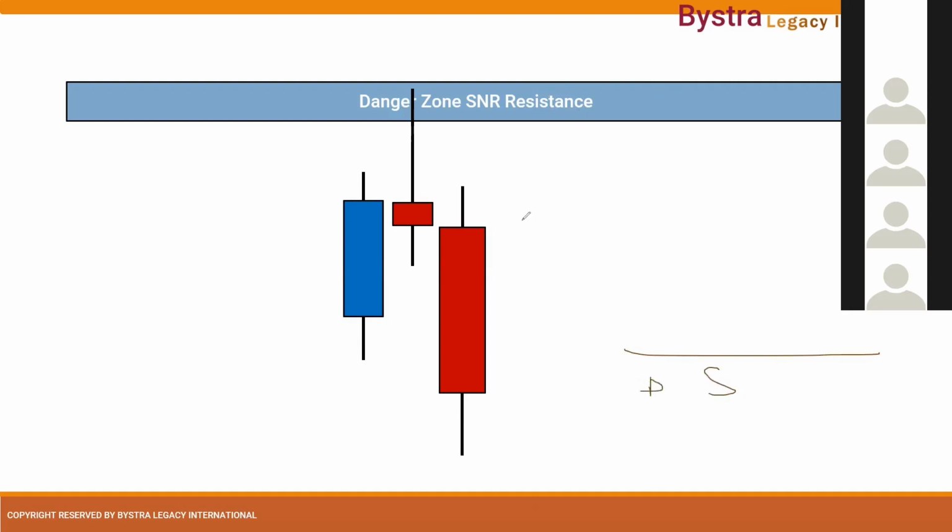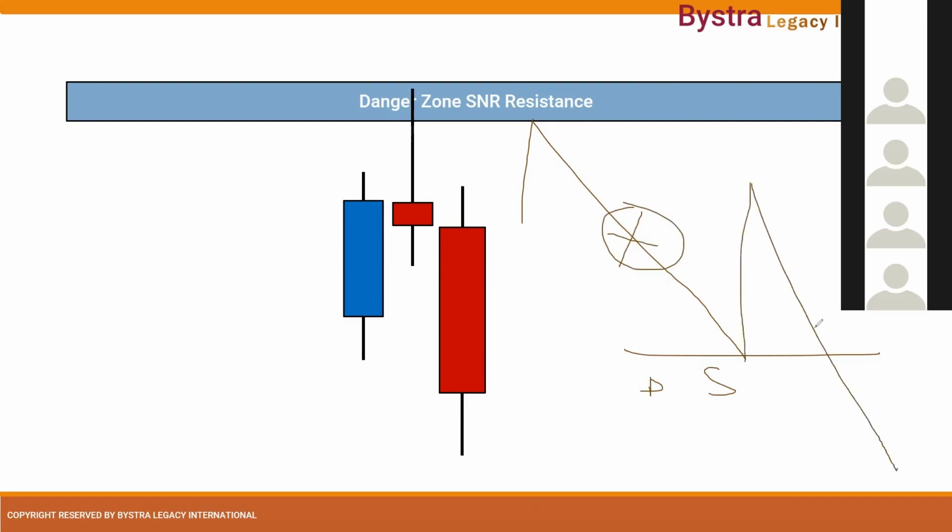As we can see, the price goes up here and doesn't have any second movement, it goes down straight. Normally, if you do a back test on this kind of danger zone without any second movement, price will break very easily. We've done a lot of back tests.